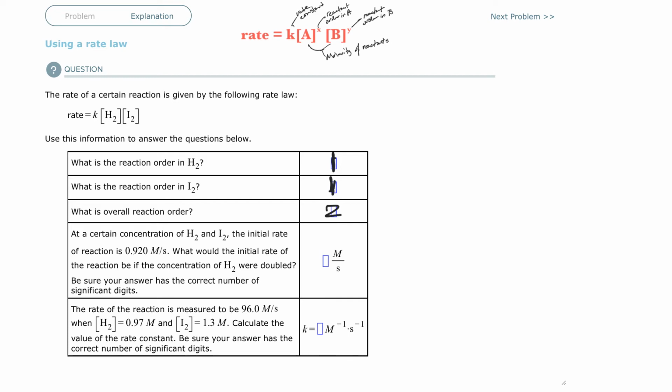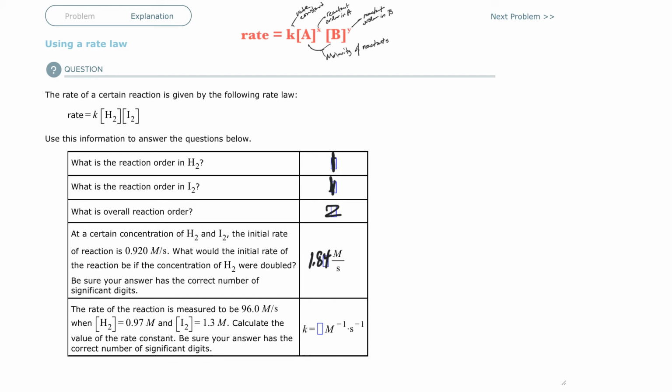All I'm going to do, if I double hydrogen, is simply double the number that they gave you originally. So I'm just going to take 0.92 and double it, and you're going to get 1.84 molar per second.